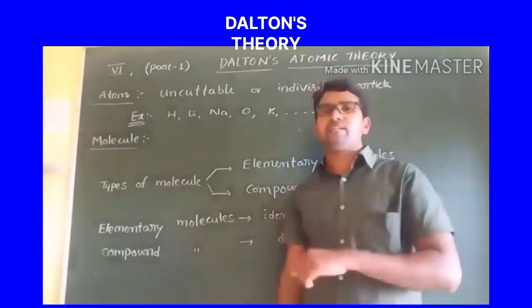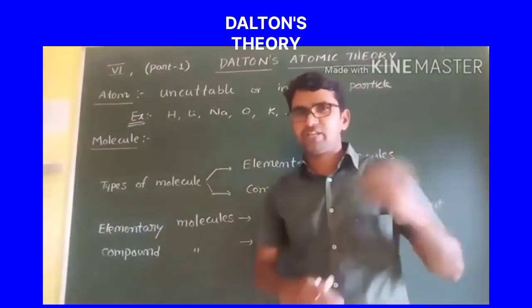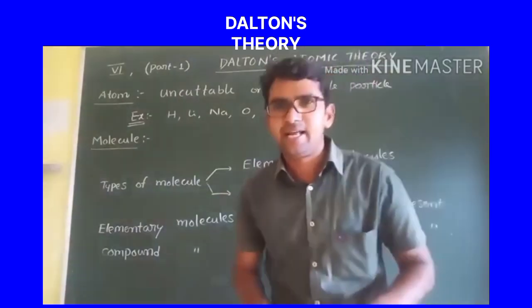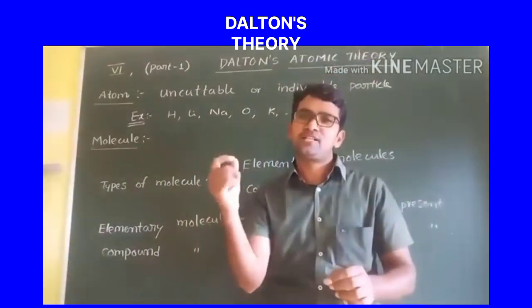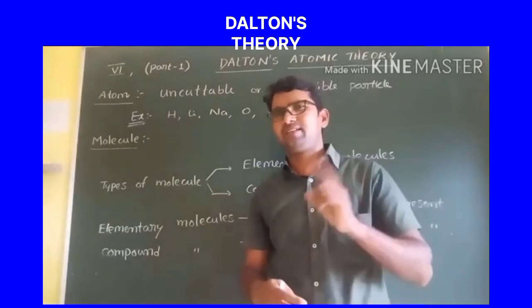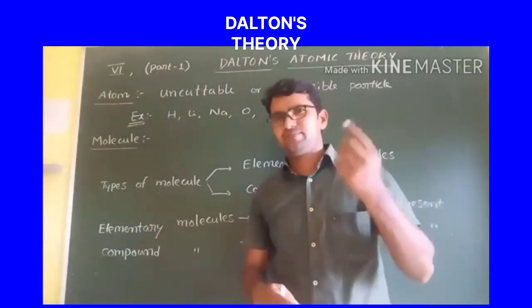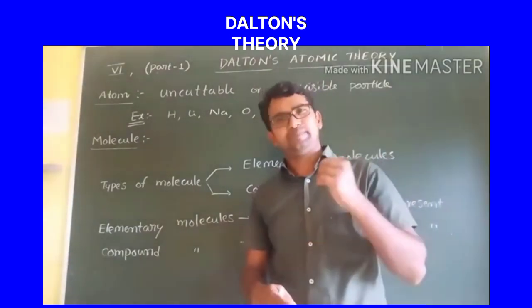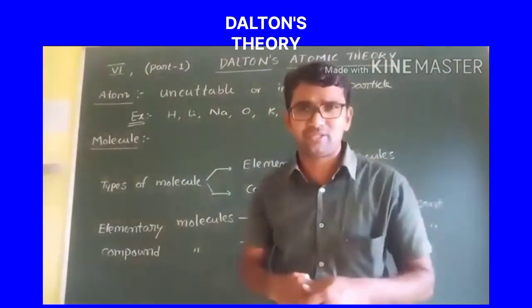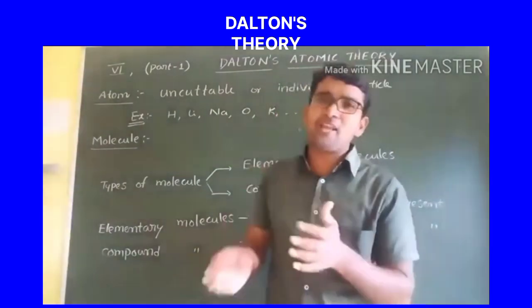Why? One small reason is there. Before the explanation of that part, I will give one example. One person said, an ant is the smallest one. But we know that an ant contains eyes, legs, some body parts.